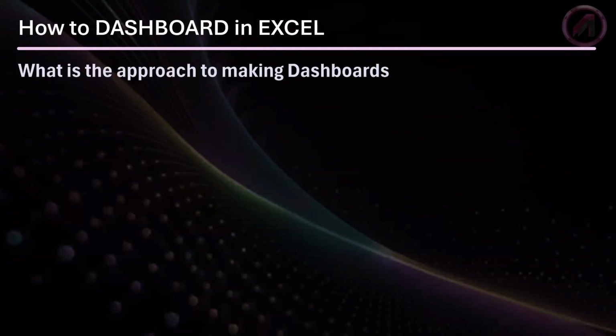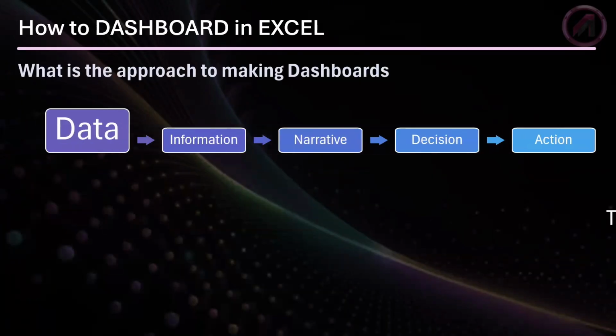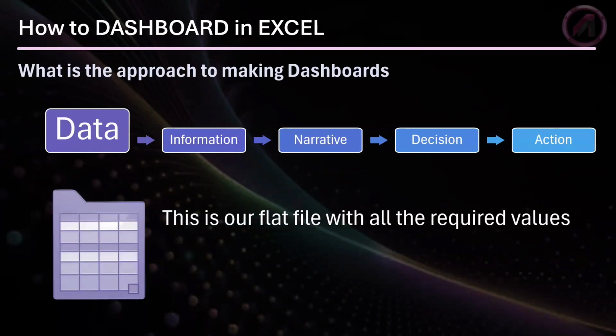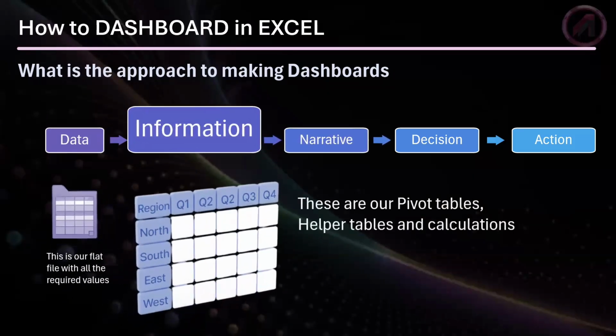The approach that we're going to take here is this. First of all, we'll be taking the raw data. Now, this is a flat file, and there's all manner of ways that you can make the flat file. I'm just going to show you a version of what I've got, and we'll build a dashboard from that as we go through. We'll be taking this data and turning it into information, using pivot tables and helper tables to get us to the point where we can drill in and get useful information.